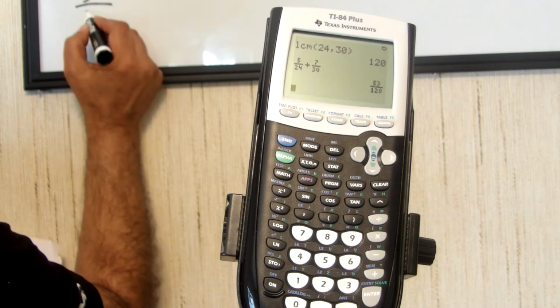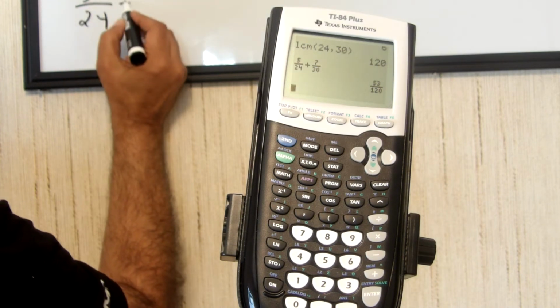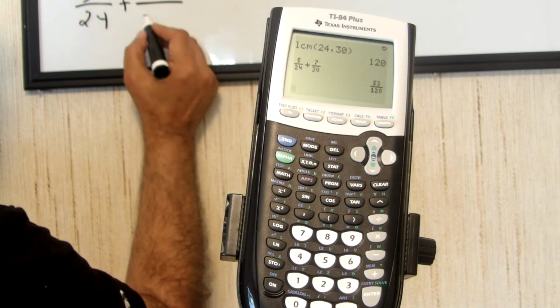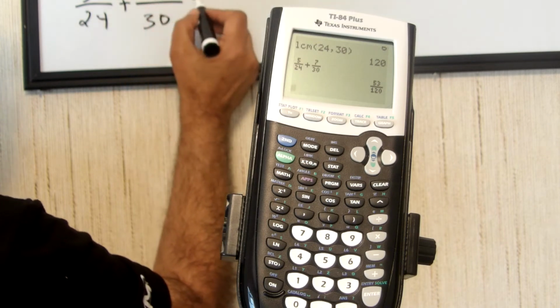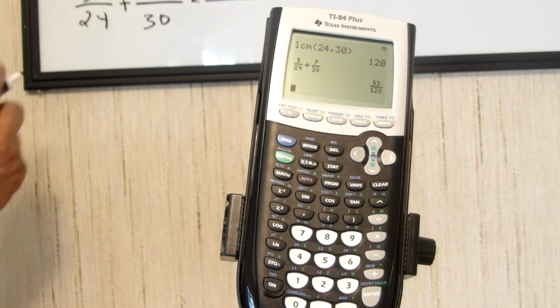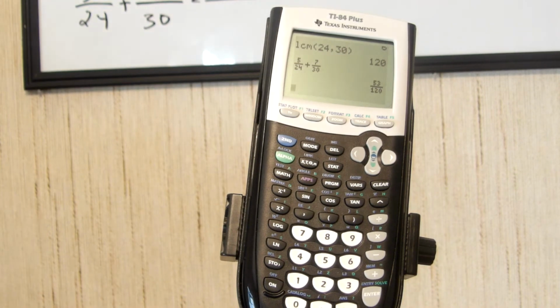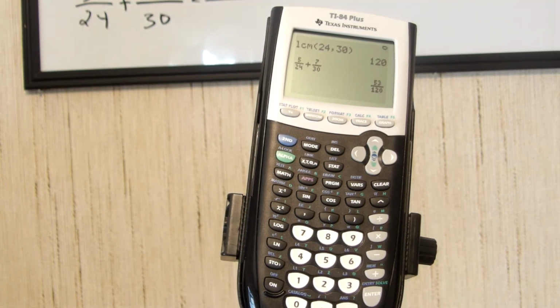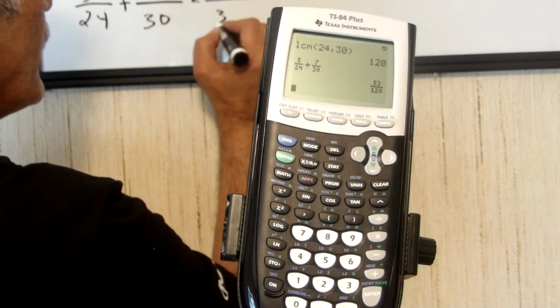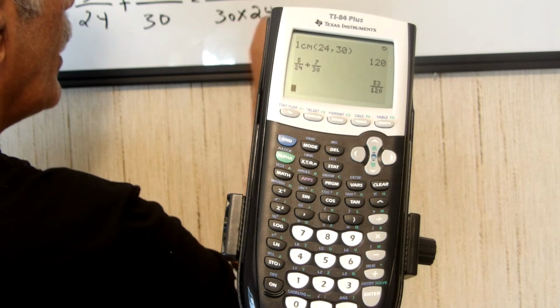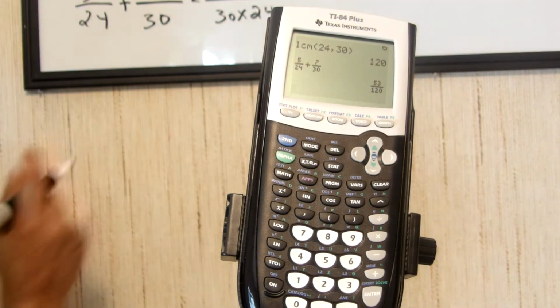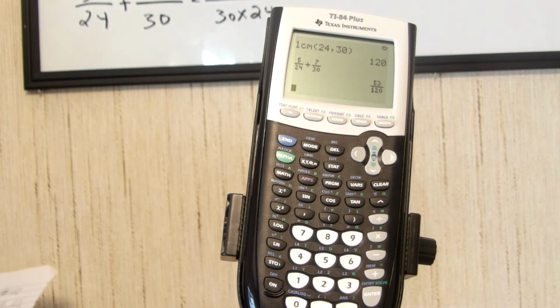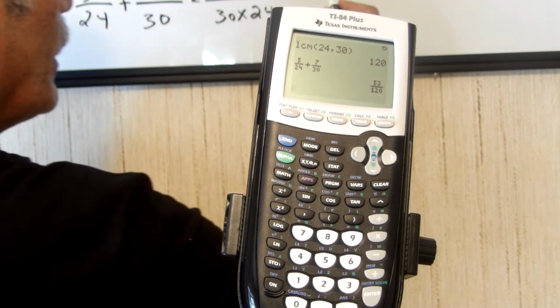5 over 24 plus 30 over 7. The general rule: any fraction they give you, you just do this. 30 times 24 is going to be 720.